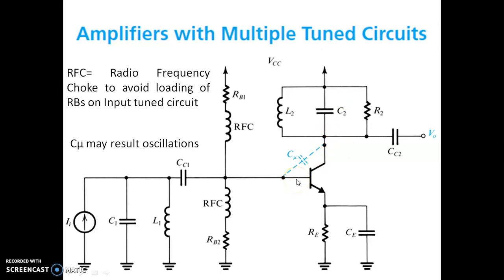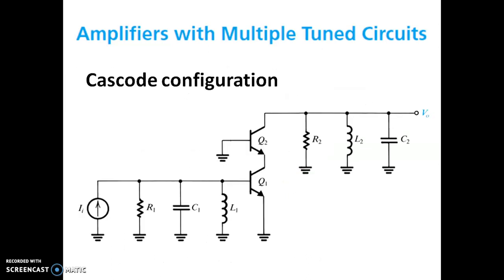Such undesirable oscillations can be avoided by eliminating this direct coupling from output to input, which can be accomplished by having a different configuration for the multiple tuned circuit. This is one such configuration, where we avoid the direct coupling from the output point to the input point using a cascode configuration. It has a CE amplifier followed by a CB amplifier.